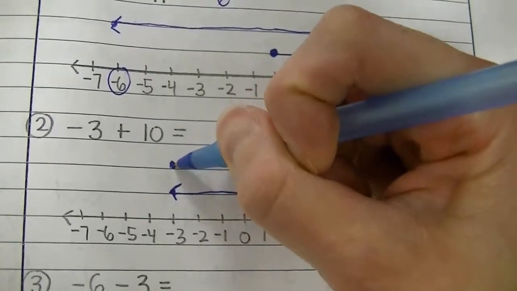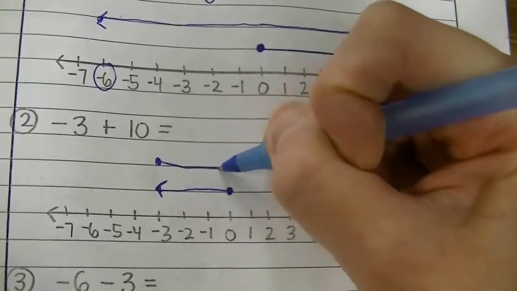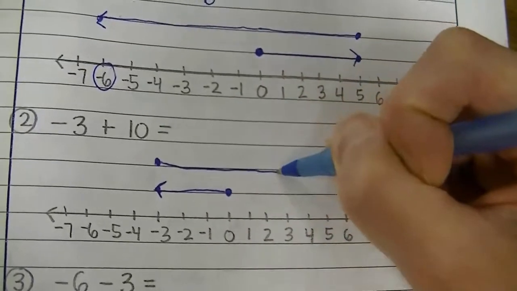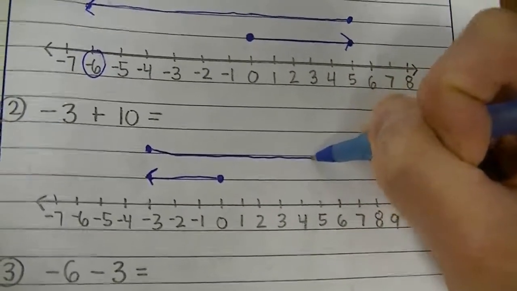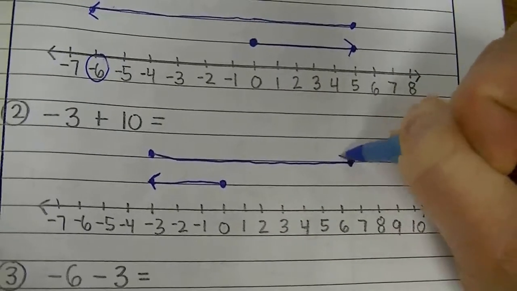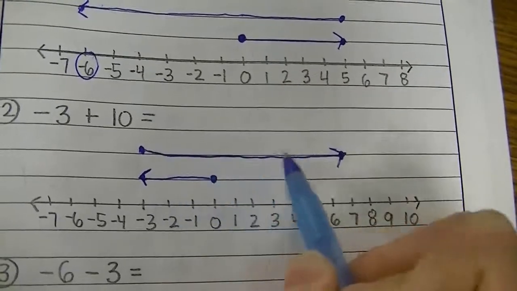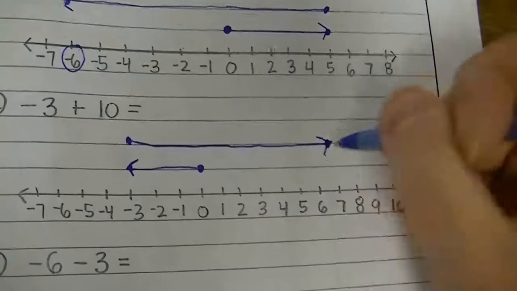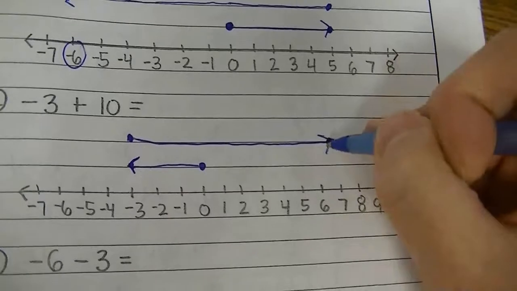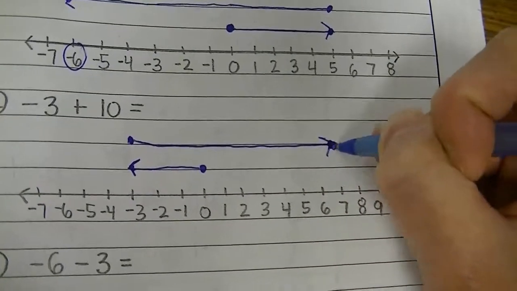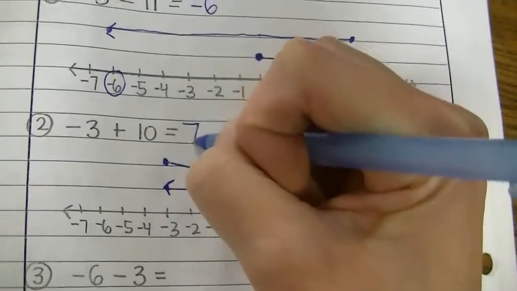And you're going to go to the right 10 units. And there's 3, 4, 5, 6, 7, 8, 9, 10 units right there. And you can always double check by counting them in case it's challenging to draw that line for the vector. And our answer to negative 3 plus 10 is 7. So that's what you write up there next to that equation.